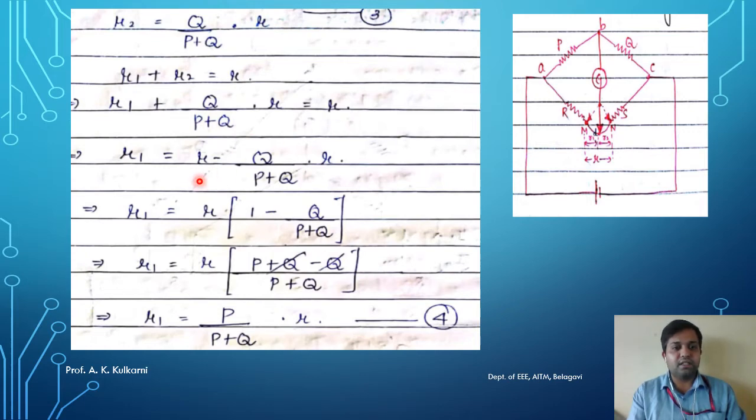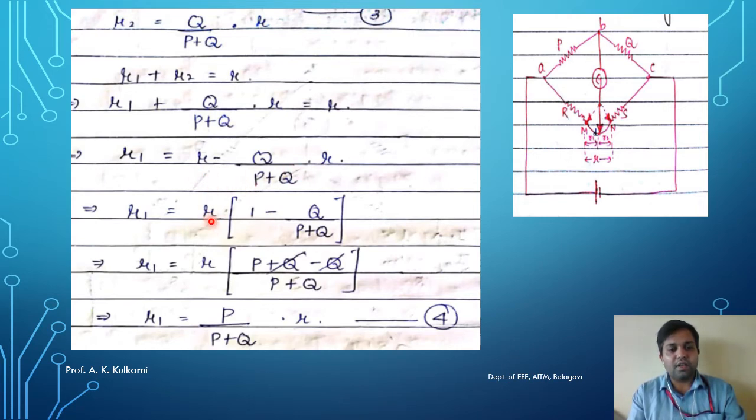Now rearrange the term. So r1 is equal to, take this entire term to this side, so it will become plus to minus. So r minus Q divided by P plus Q into r. Do the further simplification. r1 is equal to, take r as common over here. From this term, take small r as common.